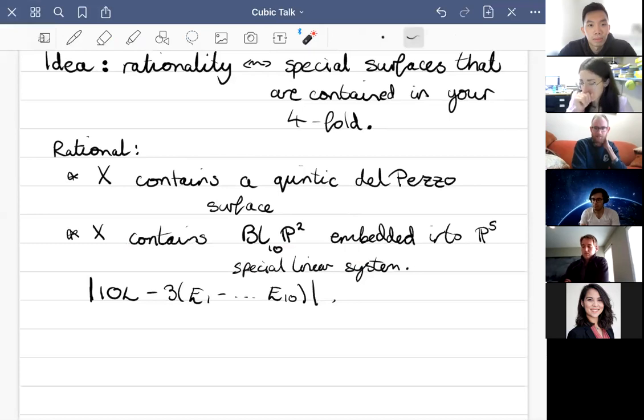Yeah, if you're rational, you're birational to Pn. So you're also birational to everything else that's birational to Pn. You can just compose all the morphisms.